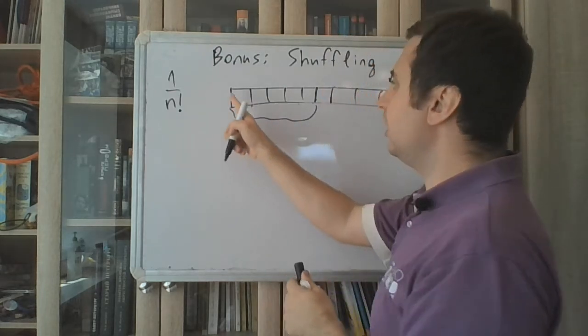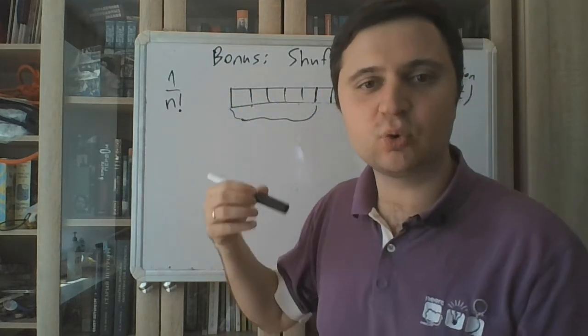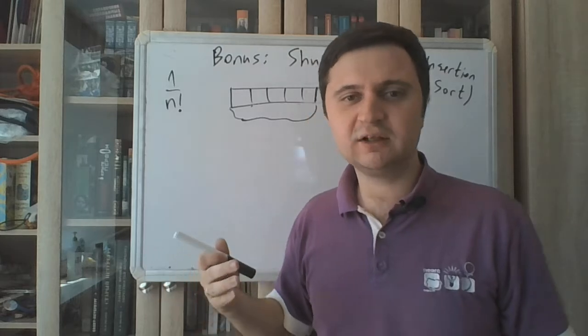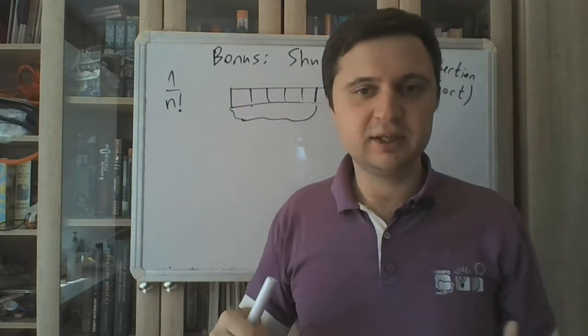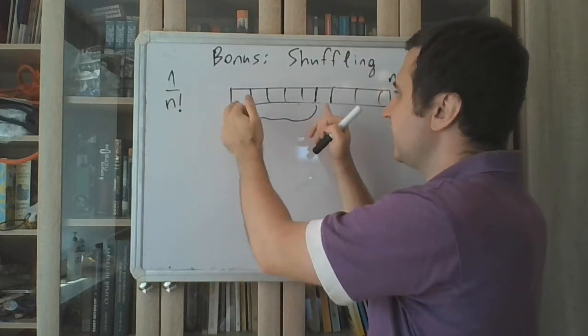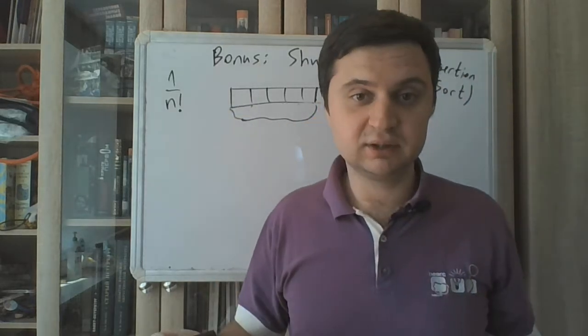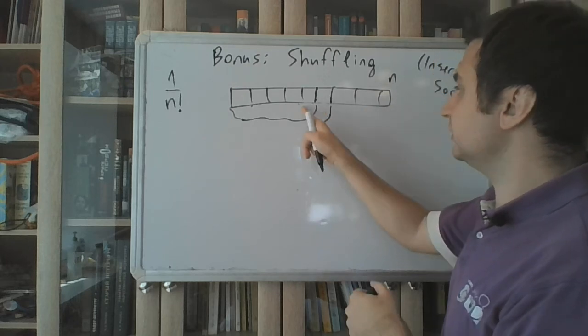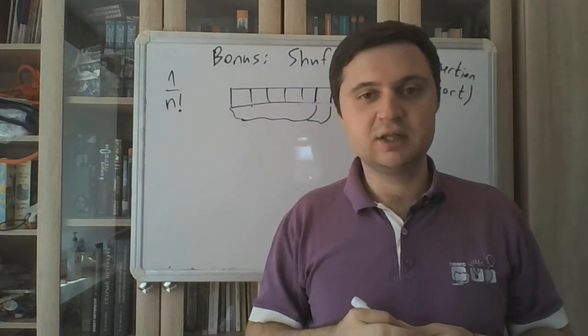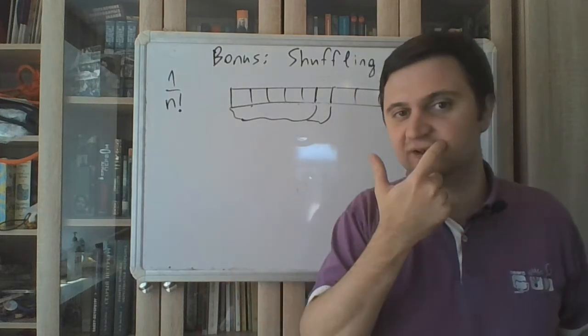So we have already solved this part. We proved to ourselves that all the permutations of these guys are equally probable. Basically, these 5 elements are perfectly shuffled. Let's make the first 6 elements perfectly shuffled.